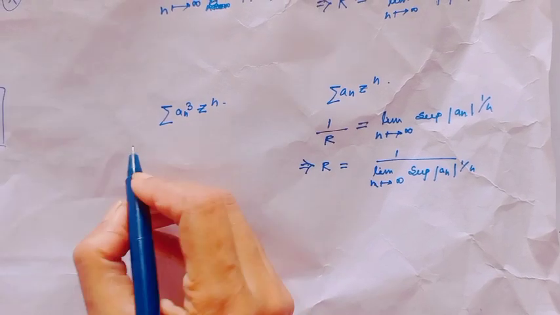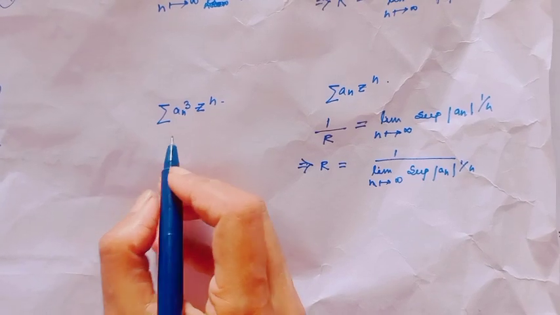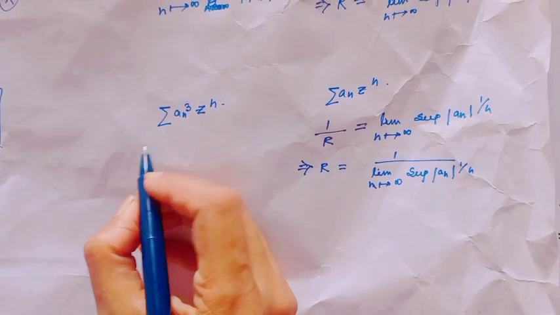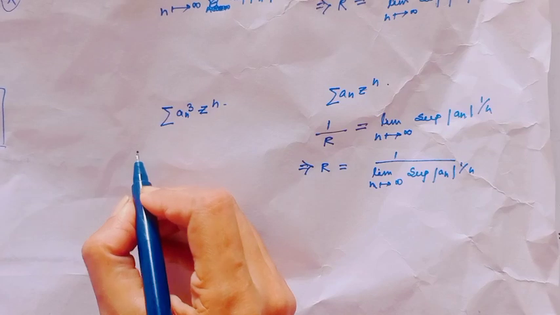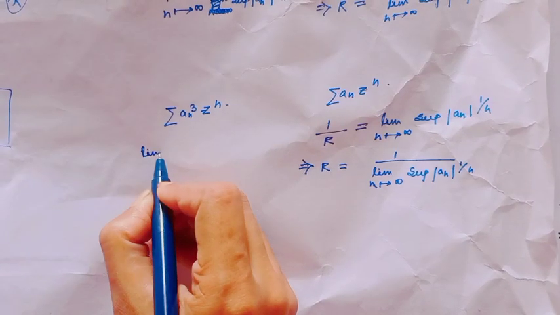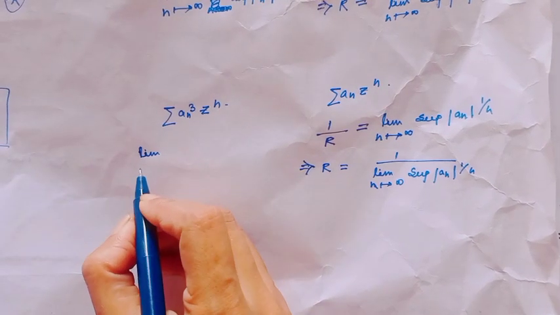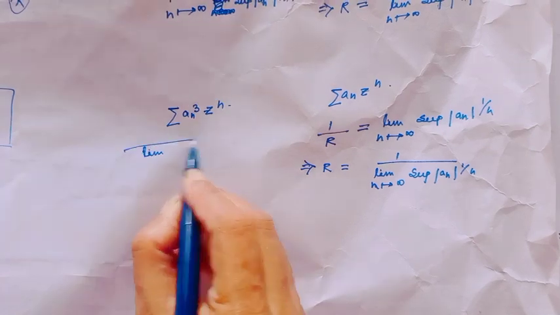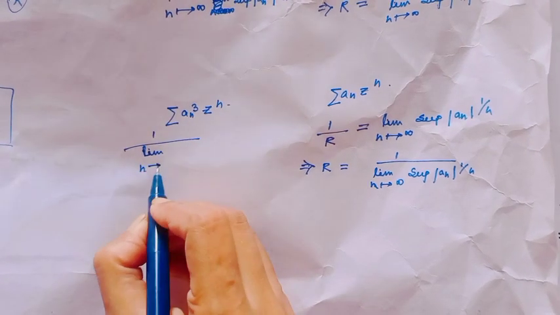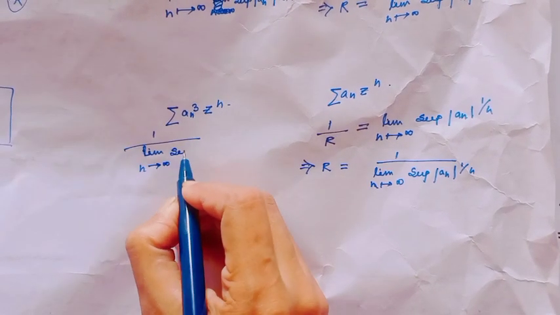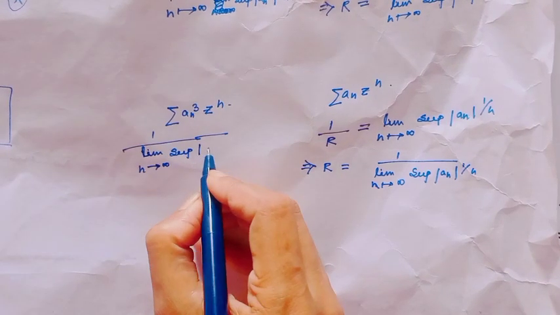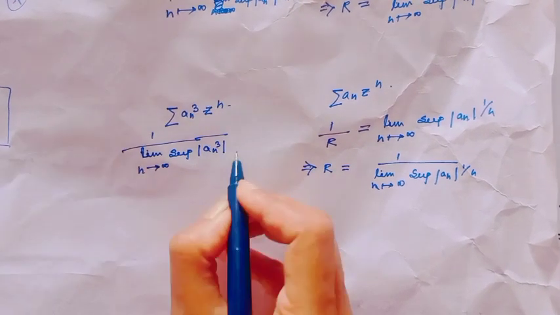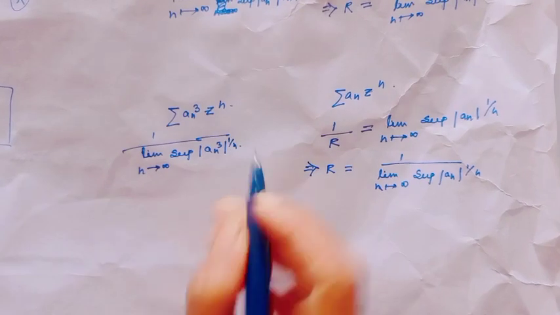Here the coefficient is a n cube. Therefore, to evaluate the radius of convergence, this would be 1 over limit n tends to infinity supremum of a n cube to the power 1 over n.